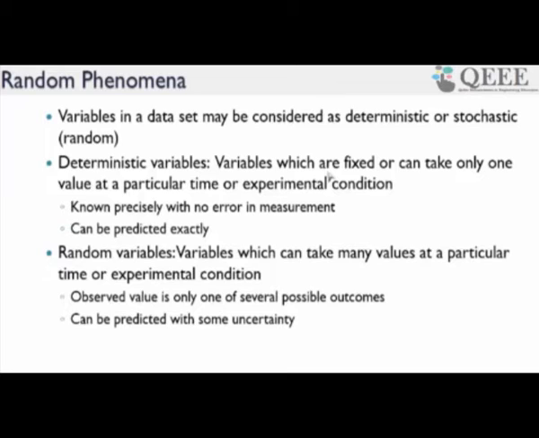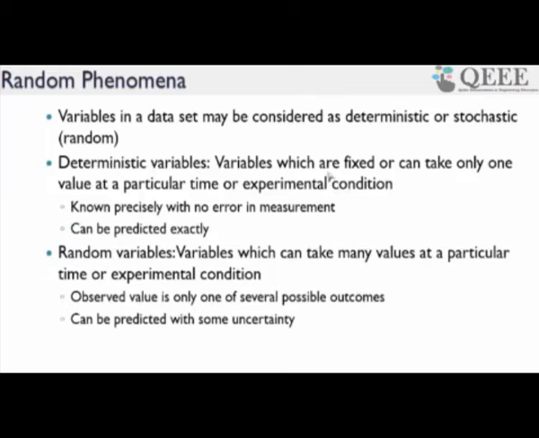So if you keep repeating that, if it's a deterministic variable and everything else is the same, the value of the variable will keep coming out to be the same. So it is known precisely with no error in measurement and can be predicted exactly. Random variables are variables which can take many values at a particular time or experimental condition.